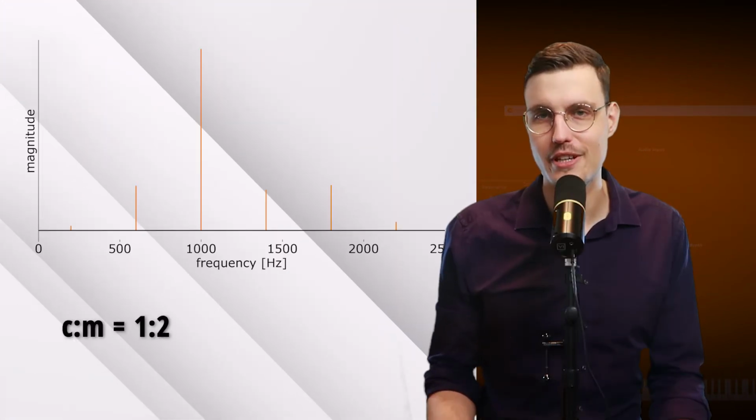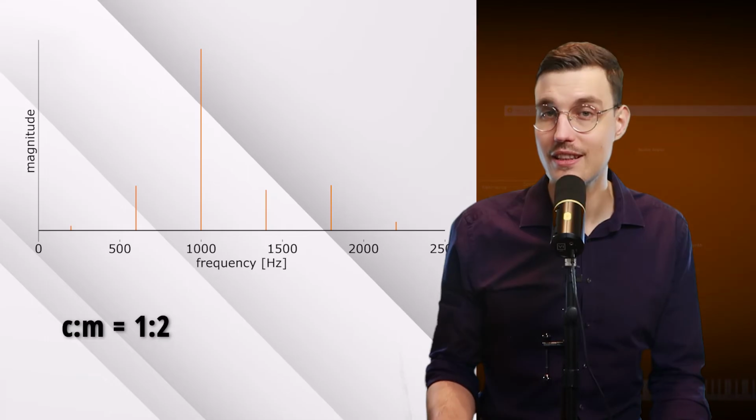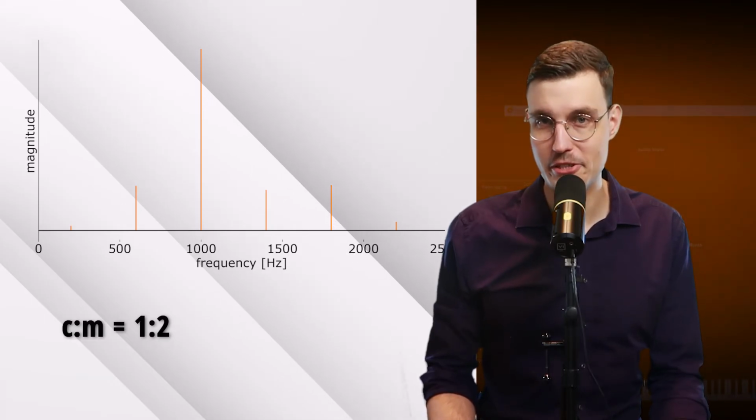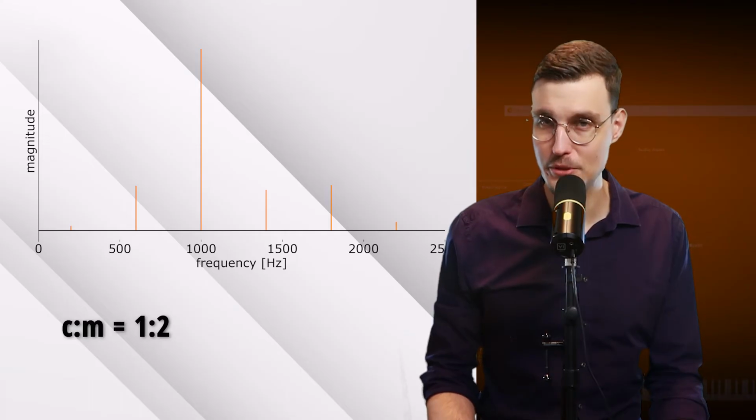It turns out that harmonic spectra are obtained only if the ratio of the carrier frequency to the modulator frequency, RF, is rational. So it is a ratio of integer numbers. Let's take a look at a few examples and listen to them. First, let's set the carrier to modulator frequency ratio to 1:2.